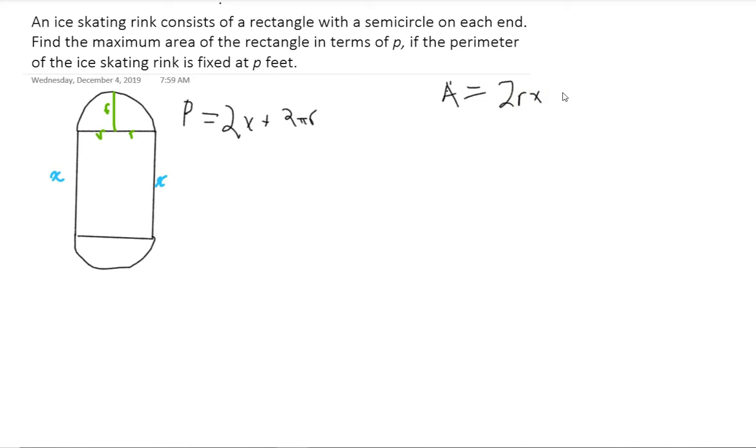Okay. And so what we're going to do is we have two variables over here, x and r. And we want them both in terms of p. So I think the game plan is to get either x in terms of r or r in terms of x. Plug that into area.